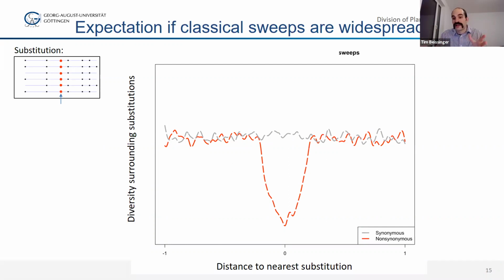So I'm only looking in genes here for this analysis, not intergenic DNA. And then we can say what should happen if this classical sweep pattern has been driving evolution. At non-synonymous substitutions, we should see the classical selective sweep pattern, and surrounding synonymous substitutions, we should see no giant loss of diversity, because synonymous substitutions don't change the protein, so they shouldn't be selected.